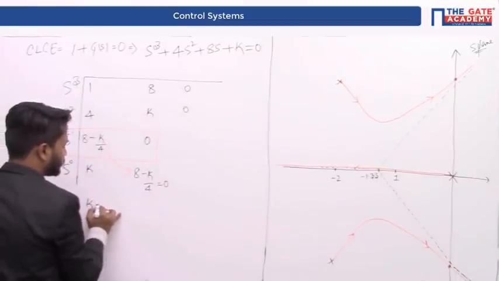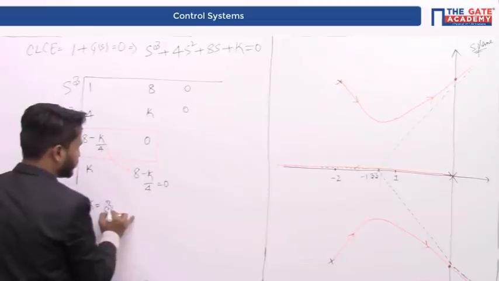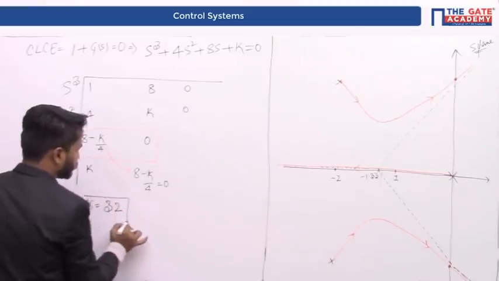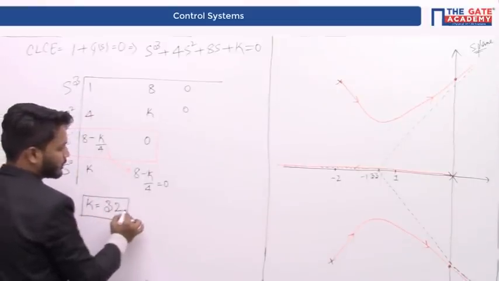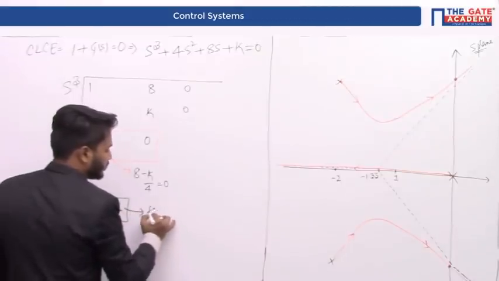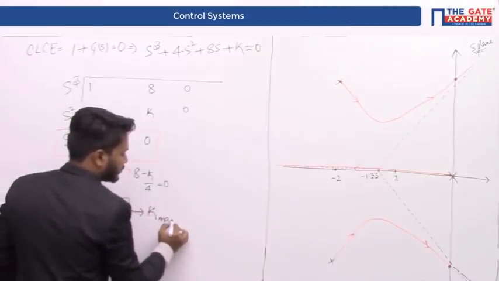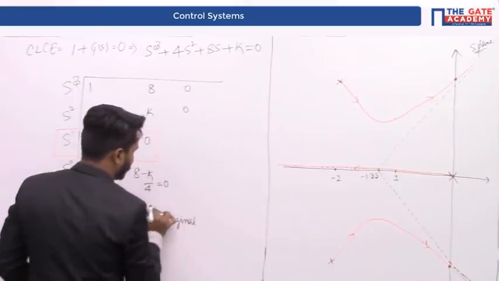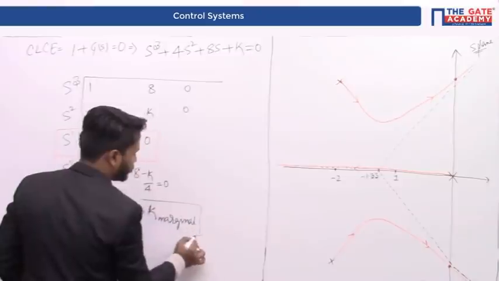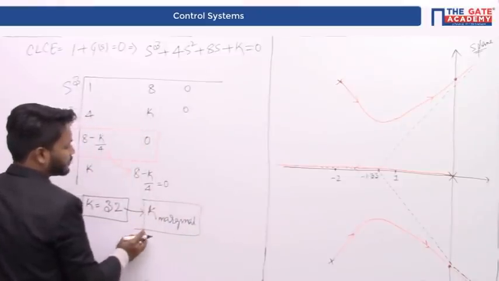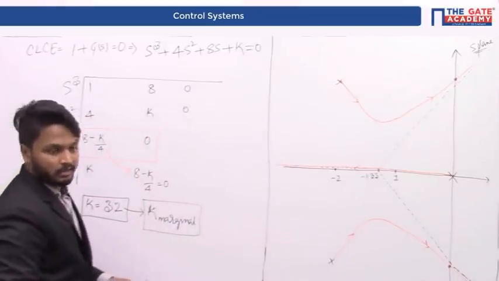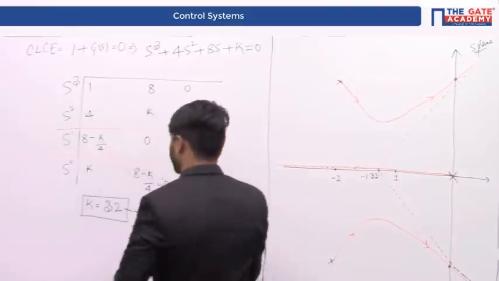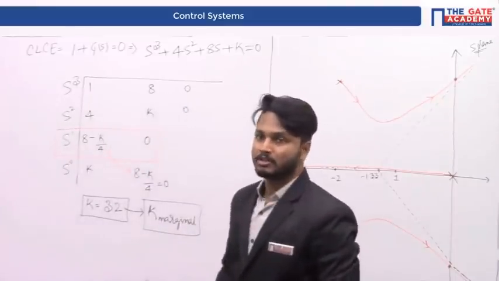K is equal to 4 times 8, that is 32. So we can call this value the marginal gain, K marginal. This open loop gain is going to make the system marginally stable. That is the reason why I called this value the marginal gain.